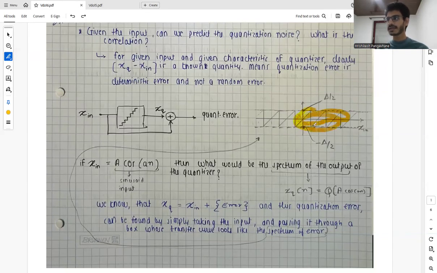So we have xn, and we have this error curve, so we have xn plus error. It will basically give us the quantized sequence.